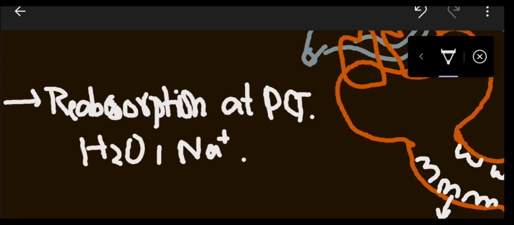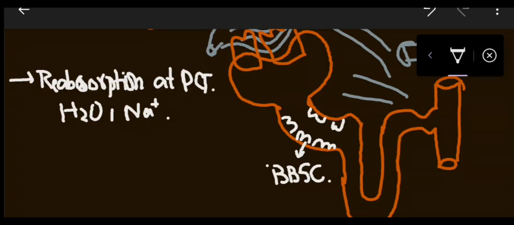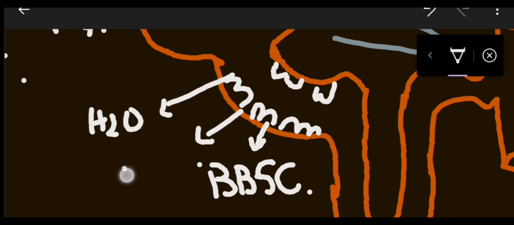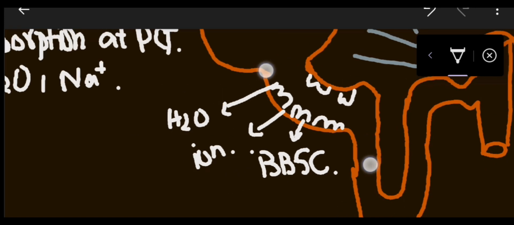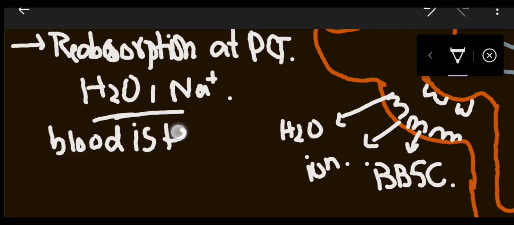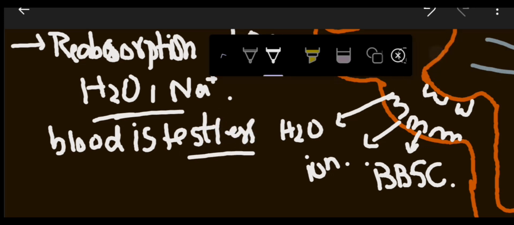So from the PCT, you can see the water and ions come out. When the water and ions are reabsorbed in the PCT, the blood will be tasteless. Here the blood is tasteless.